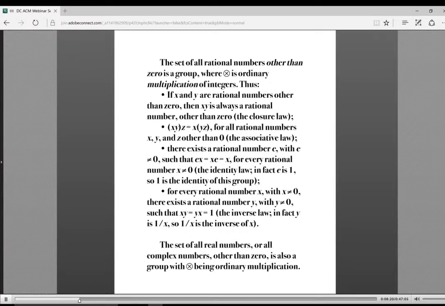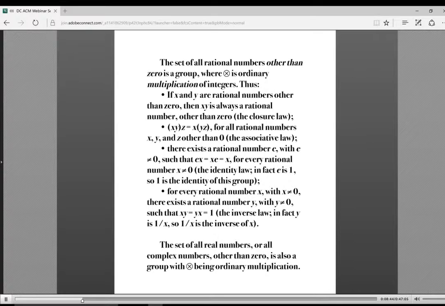So, number 1, if X and Y are rational numbers other than 0, then XY is always a rational number other than 0. That's the closure law. Number 2, XY times Z equals X times YZ for all rational numbers X, Y, and Z other than 0.